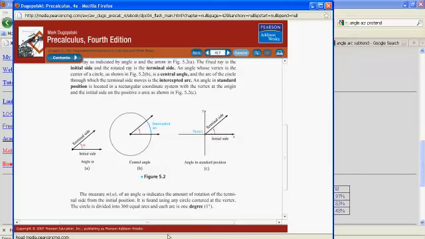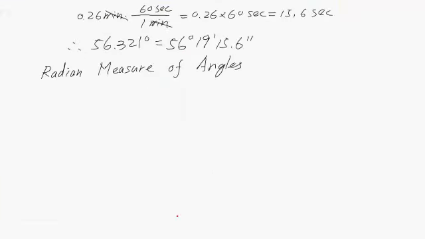So now you can see the radian measure is just a directed length, because it has the sign, right?